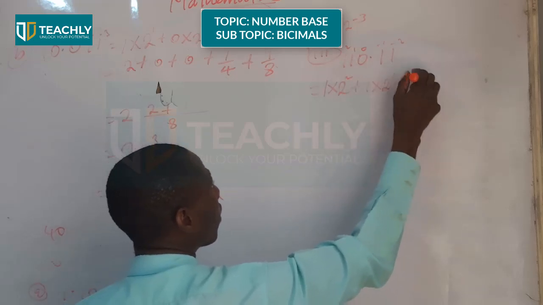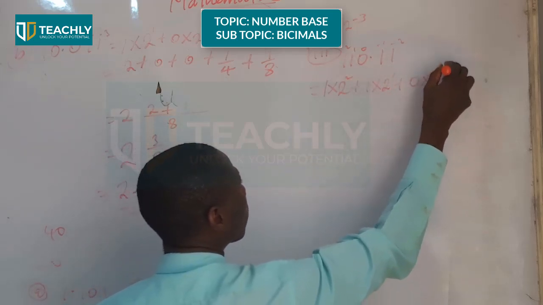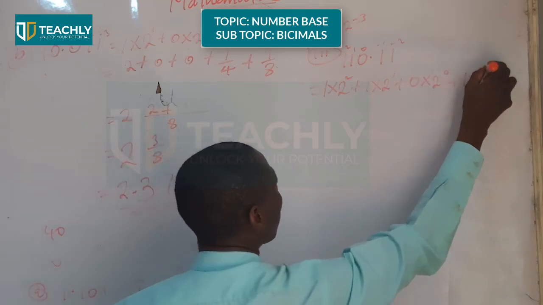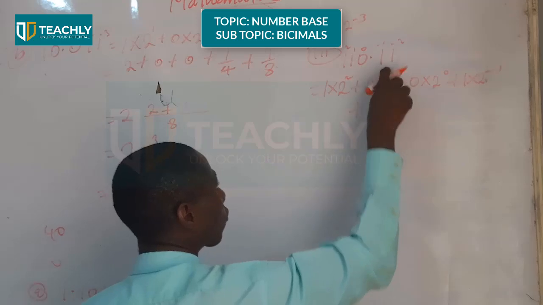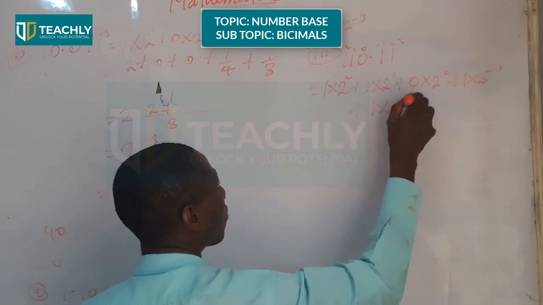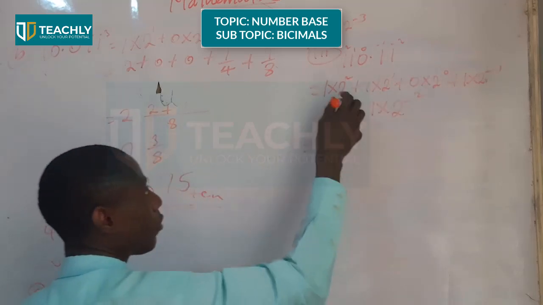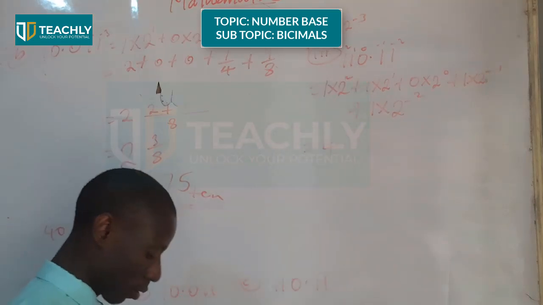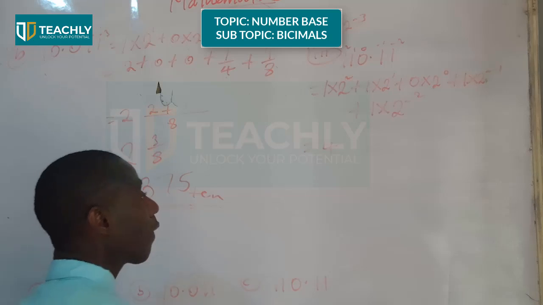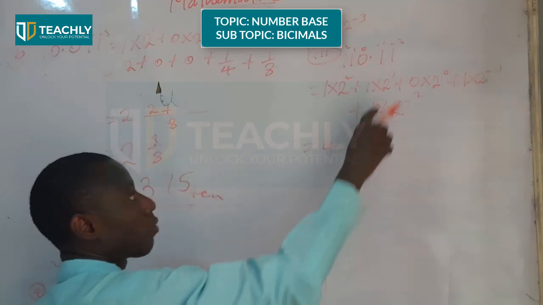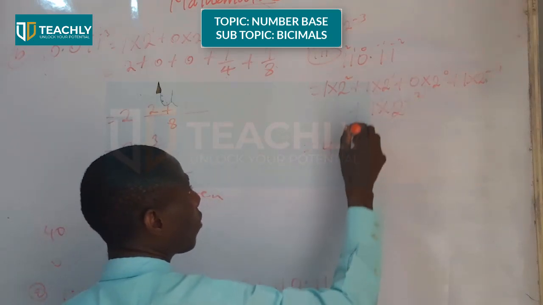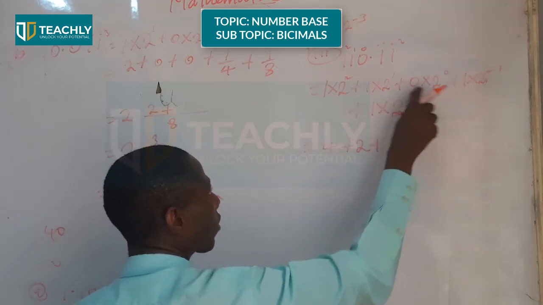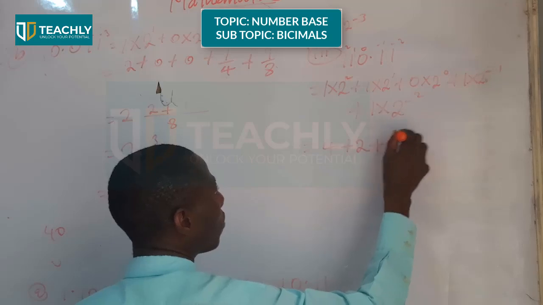Plus next one, 0 times 2 to the power 0. Plus 1 times 2 to the power minus 1. And lastly, this last one, 1 times 2 to the power minus 2. If you do that, 2 to the power 2 is 4. 4 times 1, we have 4. The next one, 2 raised to 1 is 2. 2 times 1 we have plus 2. 2 to the power 0 is 1. 1 times 0 we still have 0.